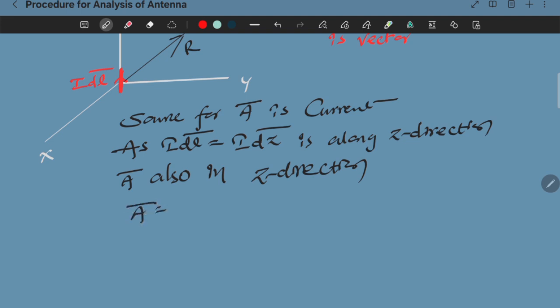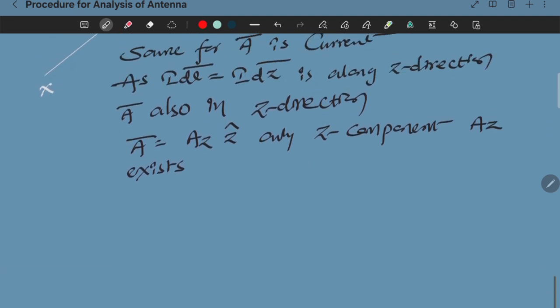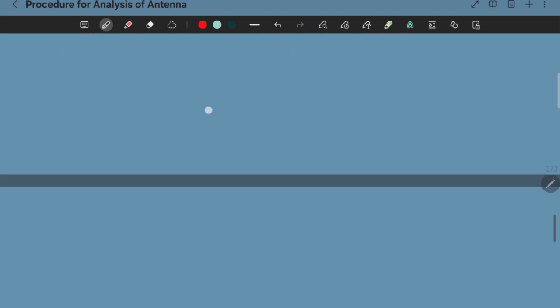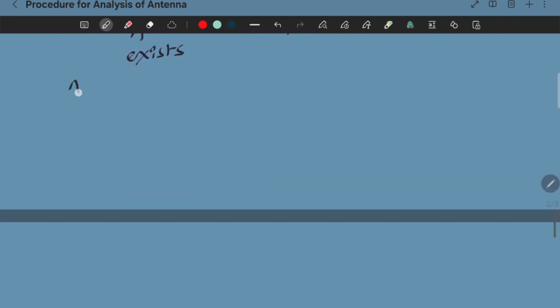That means A bar is equal to Az into z cap. Only the z component Az exists. In general, A bar can be written as Ax x cap plus Ay y cap plus Az z cap.